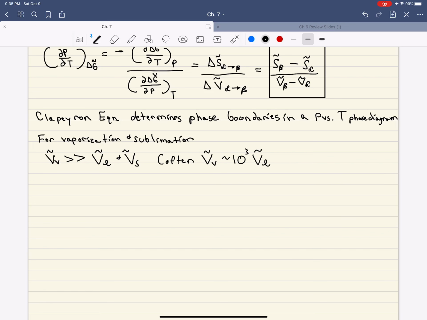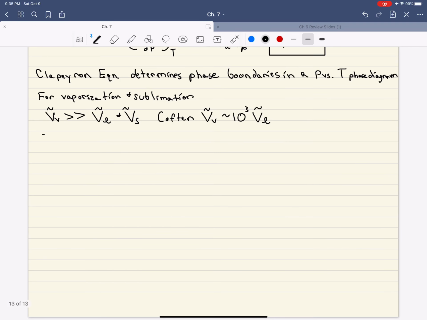Okay? All right, if we take a look at melting transitions, going from the solid to the liquid, okay, the delta V between the liquid and the solid phase is pretty small. Or in other words, for most chemicals, the densities of the liquid and the solid phases are pretty close to one another.